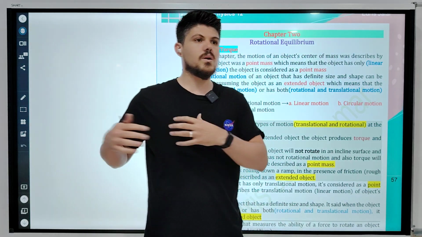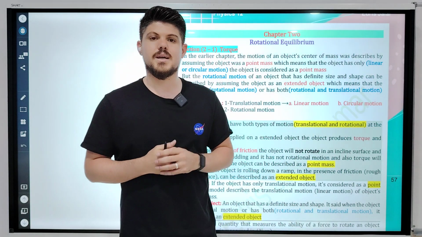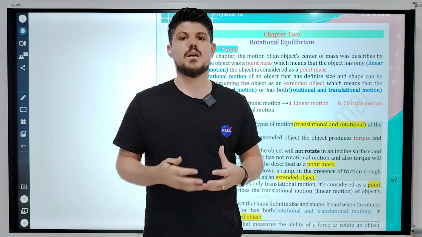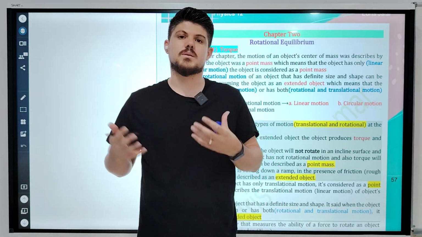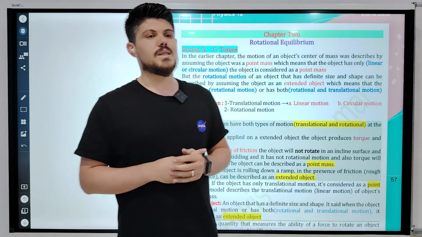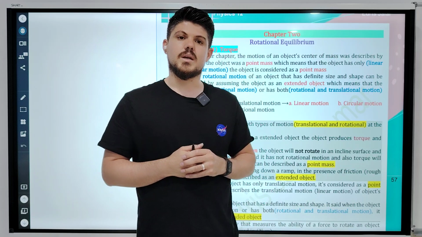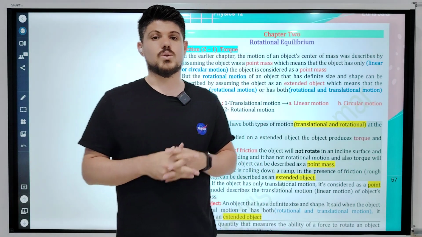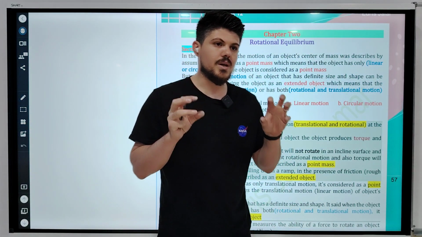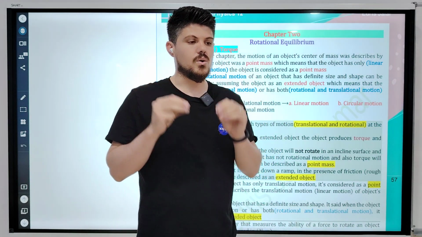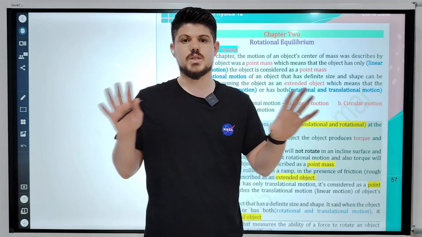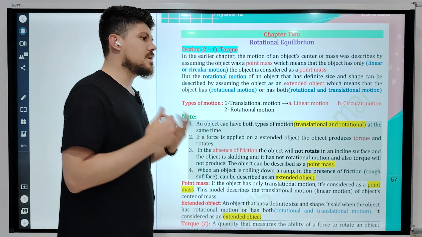Or when the whole car is moving on a flat road, the car has translational motion, so it is treated as a point mass. Or when you throw a ball, also in that case the object is considered to be a point mass. So an object is a point mass when it is moving with translational motion, not rotation.